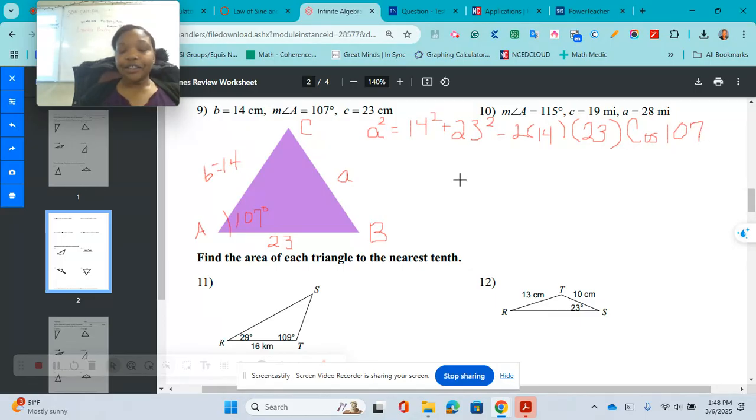All right. So what I would want to do first is the 14 squared plus the 23 squared. Then the negative 2 times 14 times 23 times cosine of 107. A squared equals 14 squared plus 23 squared, 725.